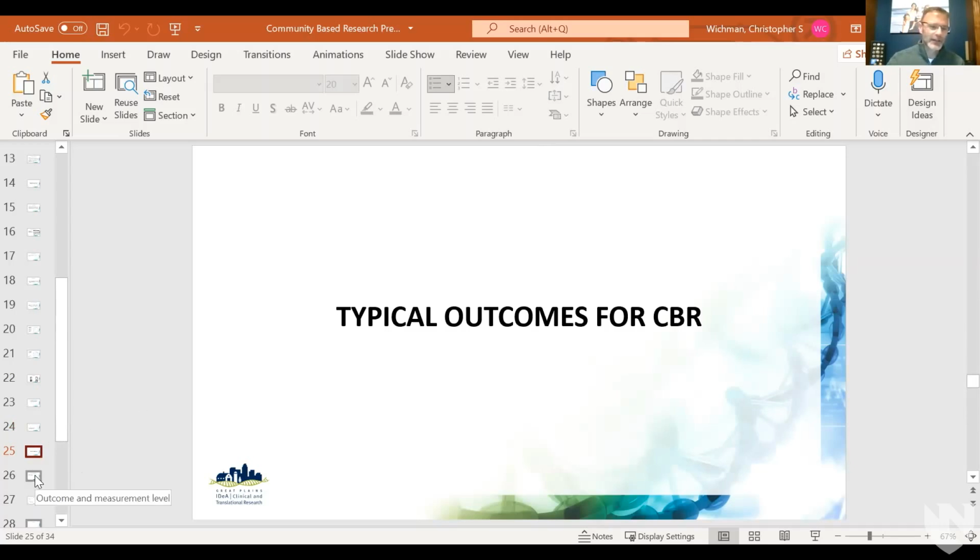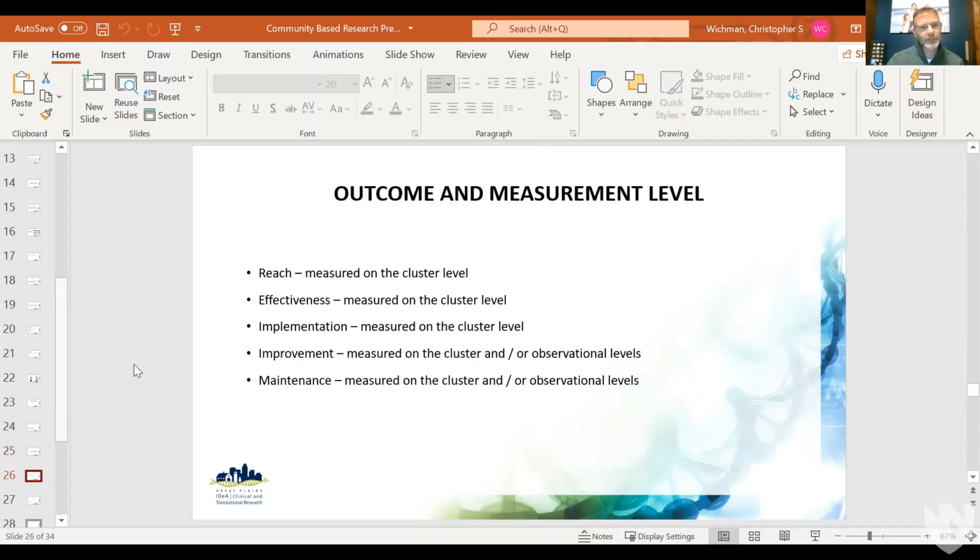So the last thing I was asked to talk about are the typical outcomes for community-based research. I'm going to talk about the outcome and the measurement level here real quick. So we have this concept of reach, which I will define in a minute, but this one's going to be measured on the cluster level. We also have effectiveness, which is also a cluster level metric, and implementation, also a cluster level metric.